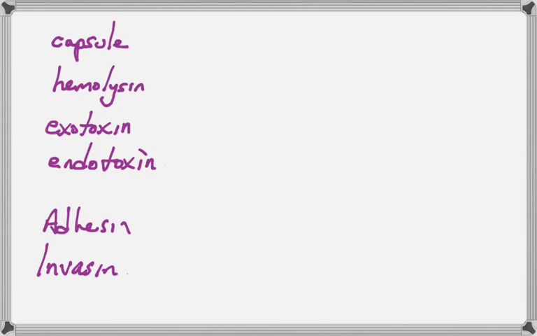Rather, it's the general theme. If a bacterial protein attaches to a receptor on a host cell, we can define that bacterial protein as a what? It's an adhesin. It helps the bacterial cell to adhere to host cells.